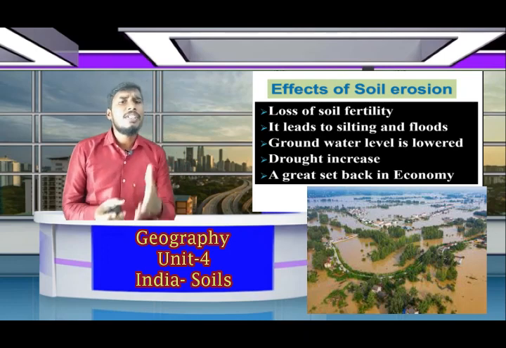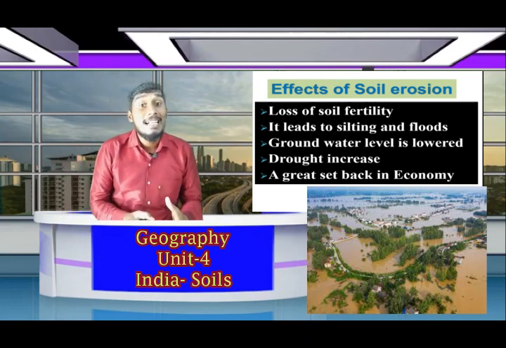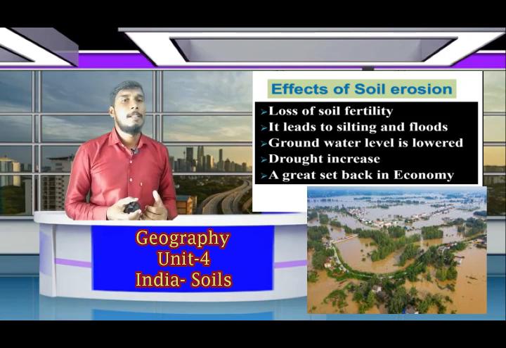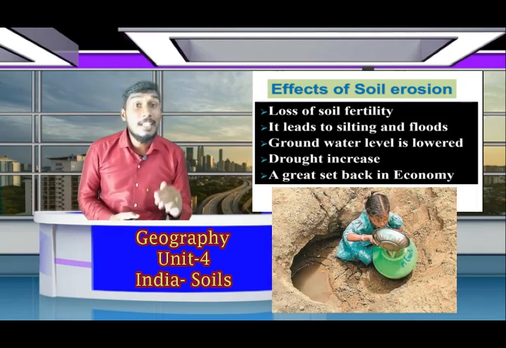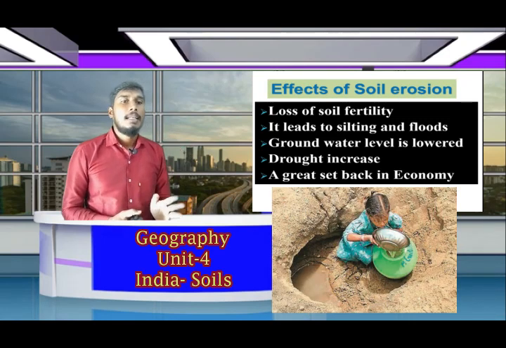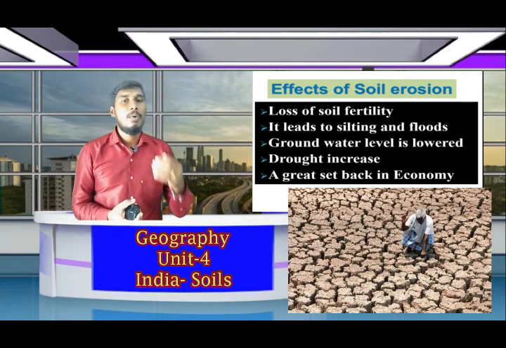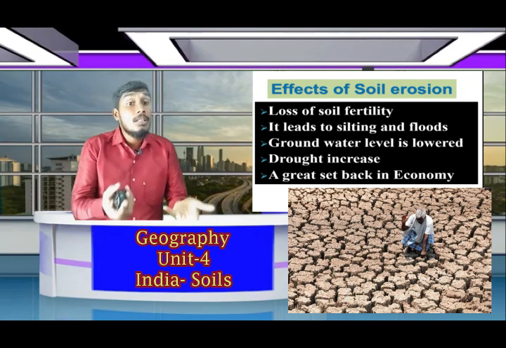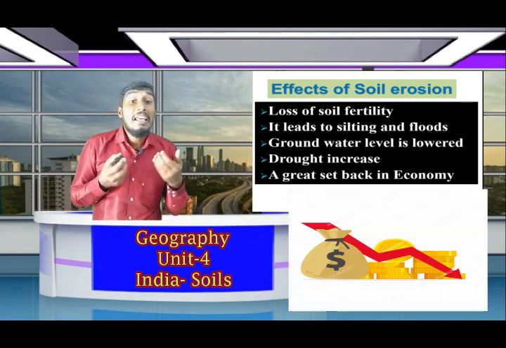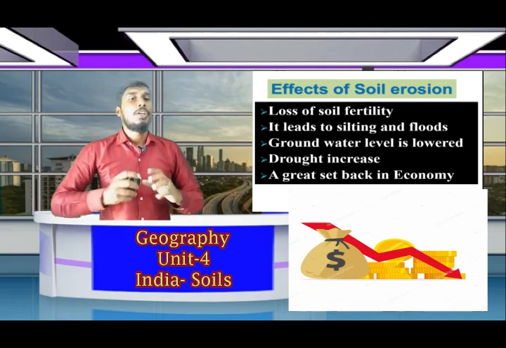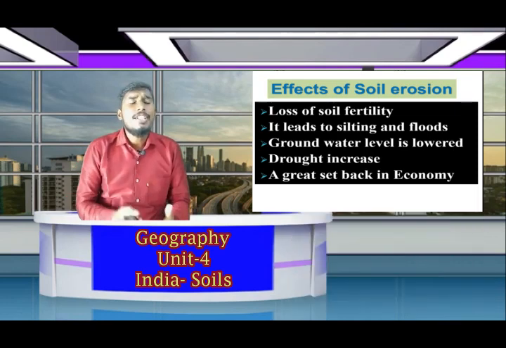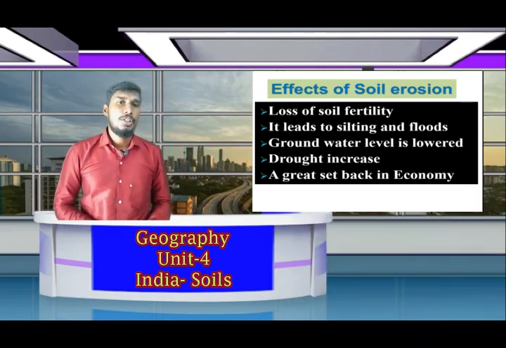It changes the direction of a river and it causes a flood. And groundwater level is lowered. And the next one is drought increases. When the water is less, then drought increases and a great setback in economy. These are all the effects of soil erosion.